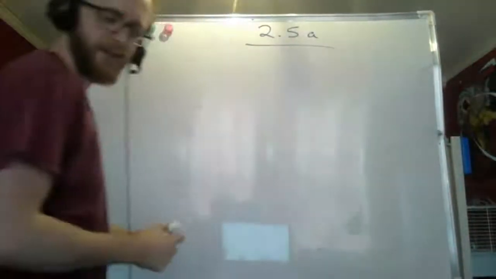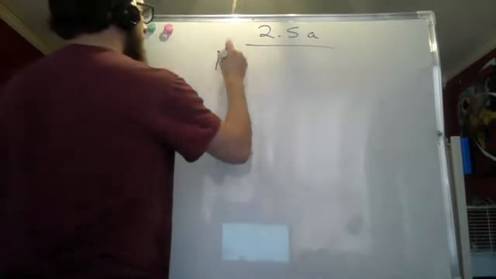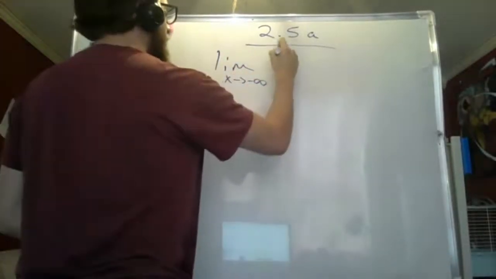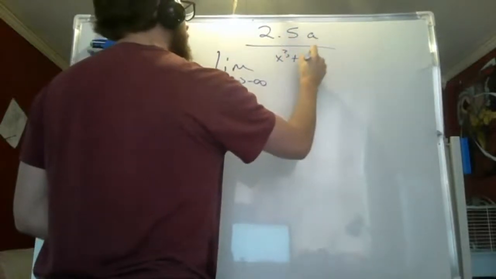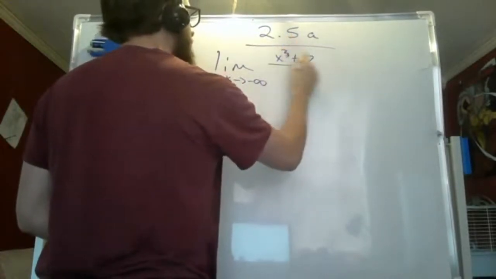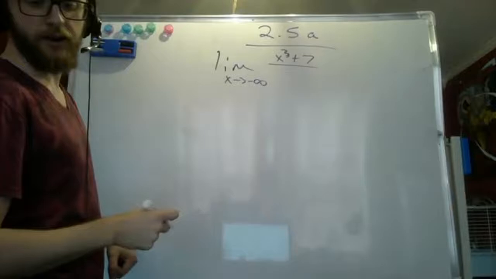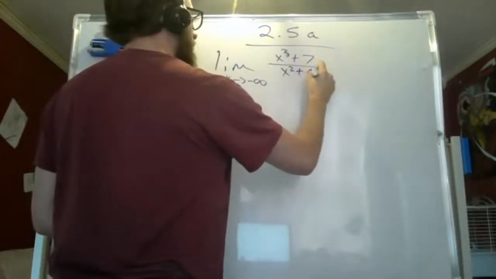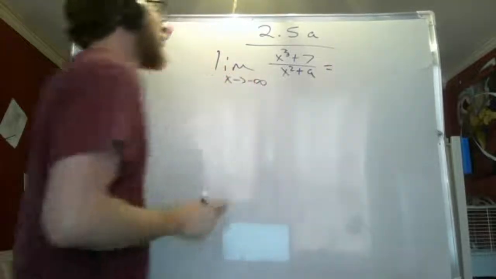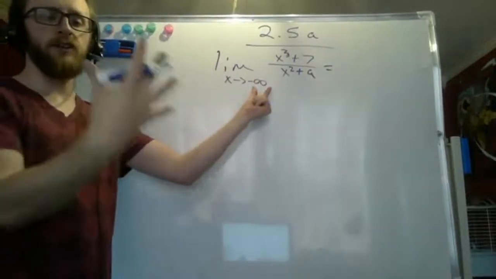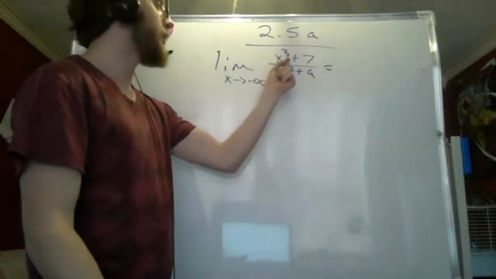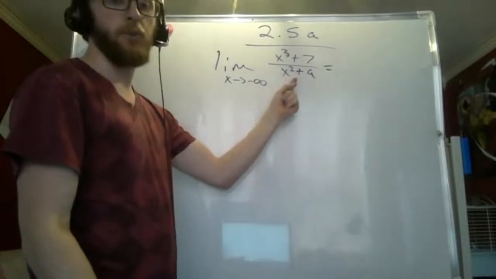Let's consider the example. The limit as x goes to negative infinity for x cubed plus 7 divided by x squared plus 9. Well, in this case, we're talking about infinity, so we're not approaching some constant number a, and we're dealing with a polynomial on top of a polynomial.